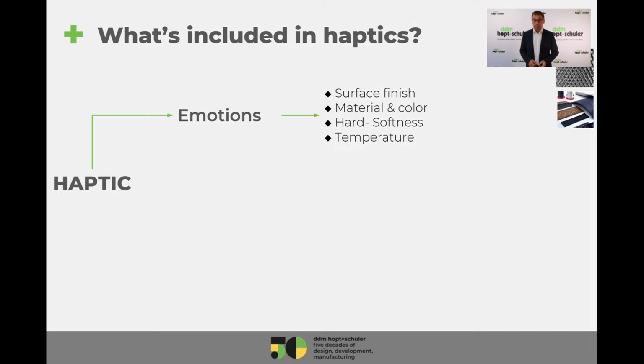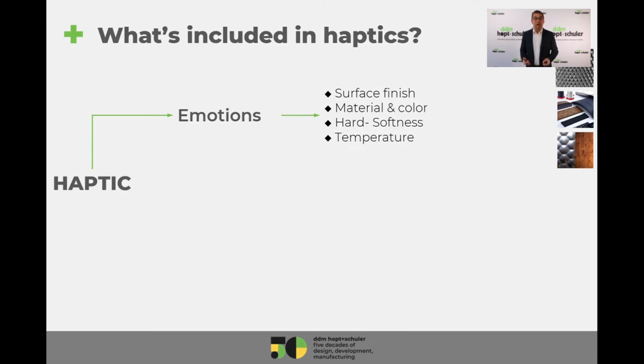Third, the hardness and softness. Should the surface have a soft touch painting to improve the touch grip, for example in case of sweaty hands? Or do you need a special rubber grip to compensate, for example, vibrations?